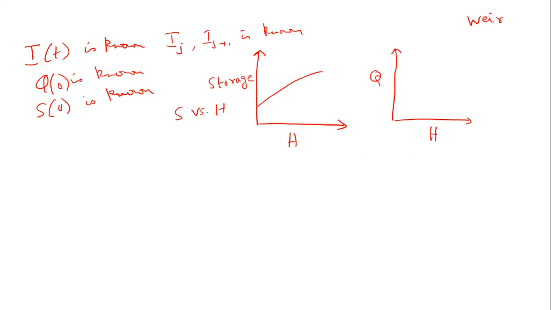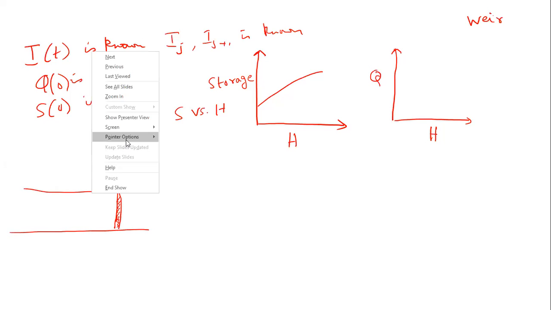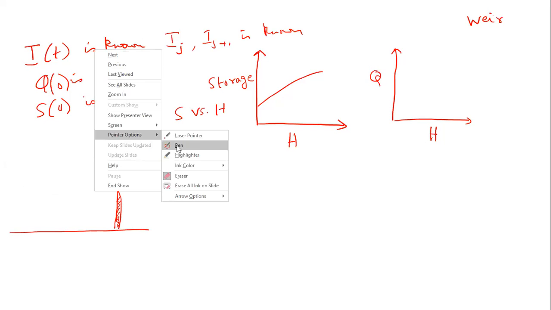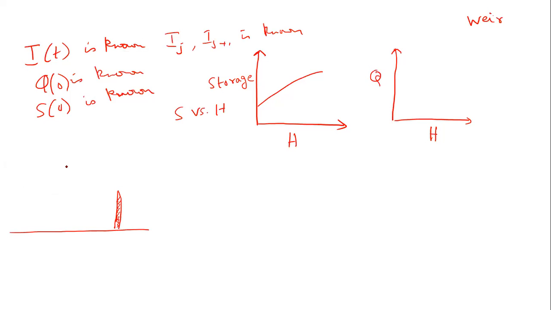So maybe I'll give you an example that might make it a little bit clearer to you. So let us say I have a sharp crested weir of this kind, okay, and then the flow happens like this and goes over it, something like this, right?